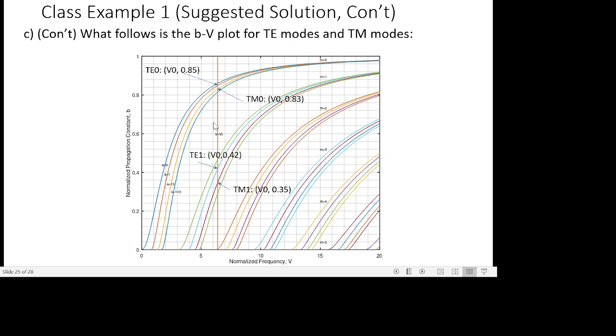So the value of b, the normalized propagation constant, can be found for all. All we need to do is to convert the normalized propagation constant into the non-normalized one.